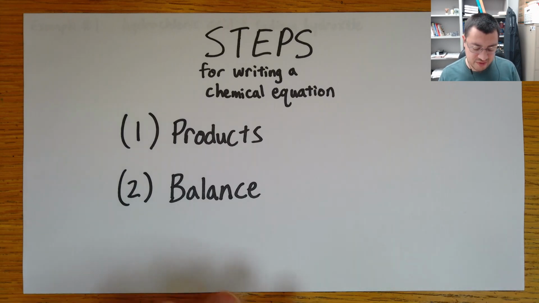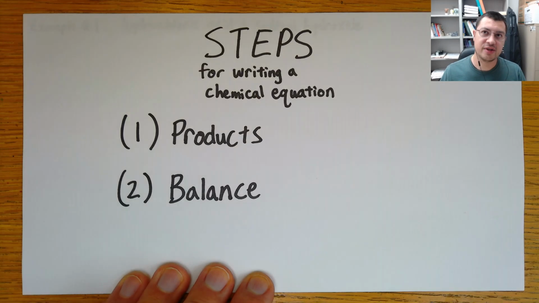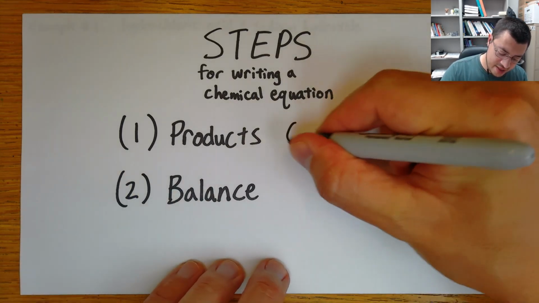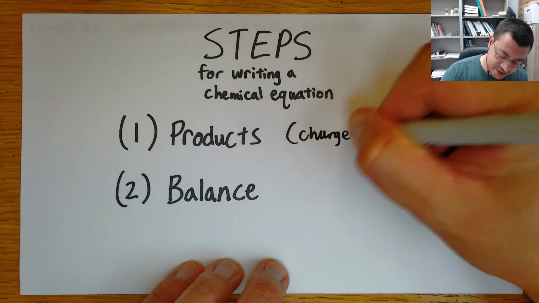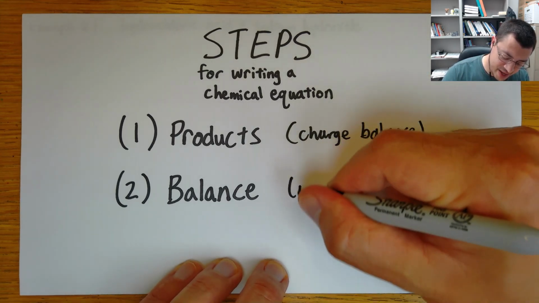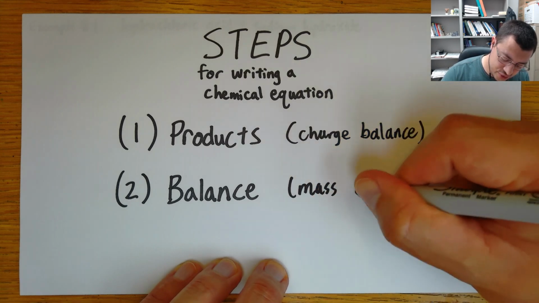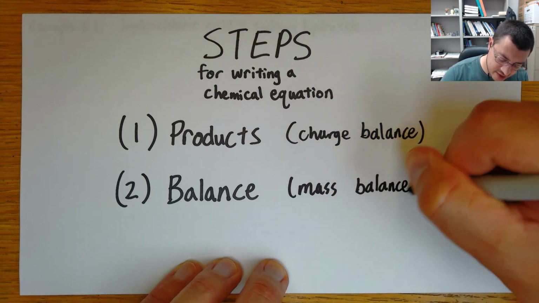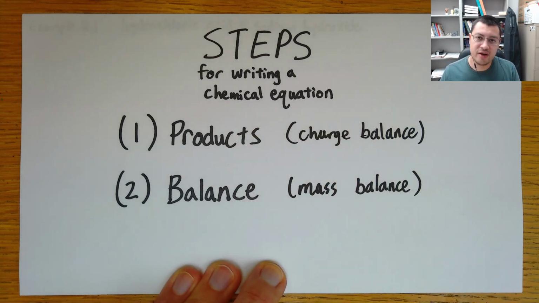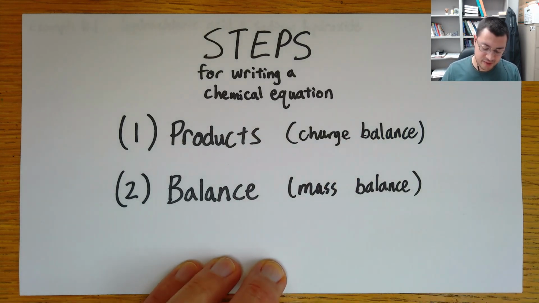Just like I said in the previous video, two steps. Number 1, figure out the products and do some charge balance. And then number 2 is where you actually balance the equation, also known as mass balance. Do not try to balance the equation until you've figured out the products. Super important.